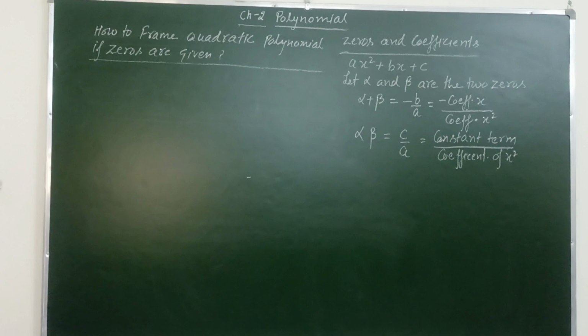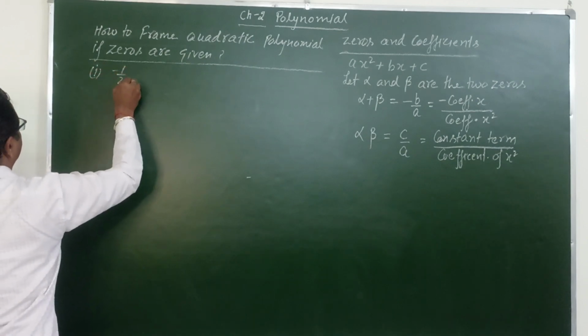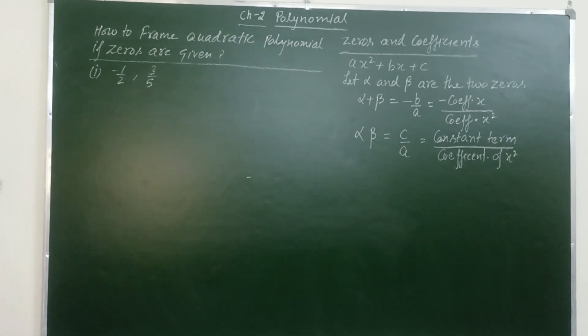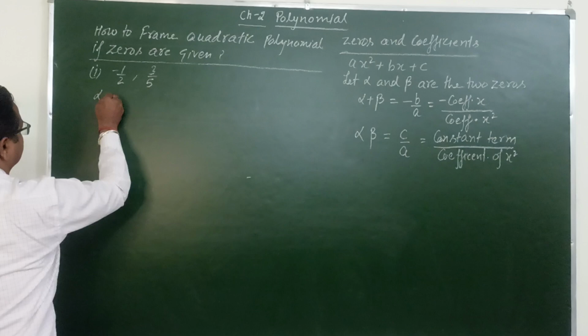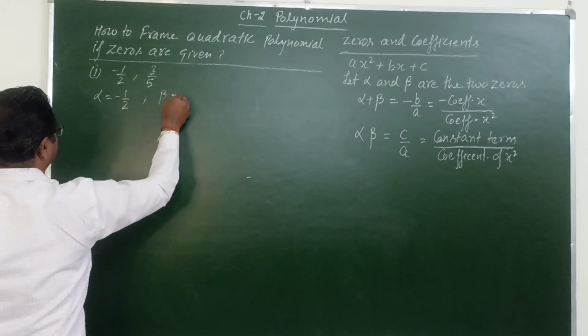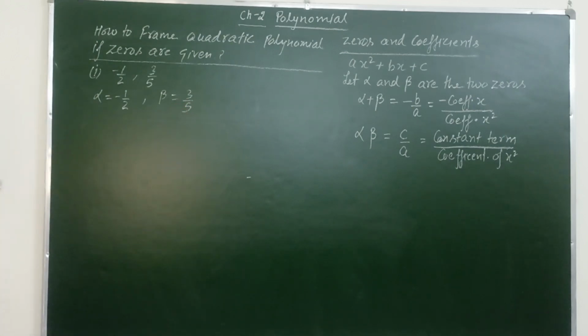So first I will take the example: -1/2 and 3/5 are the two zeros. One of them is alpha and the other one is beta, 3 by 5. First I am going to add them.